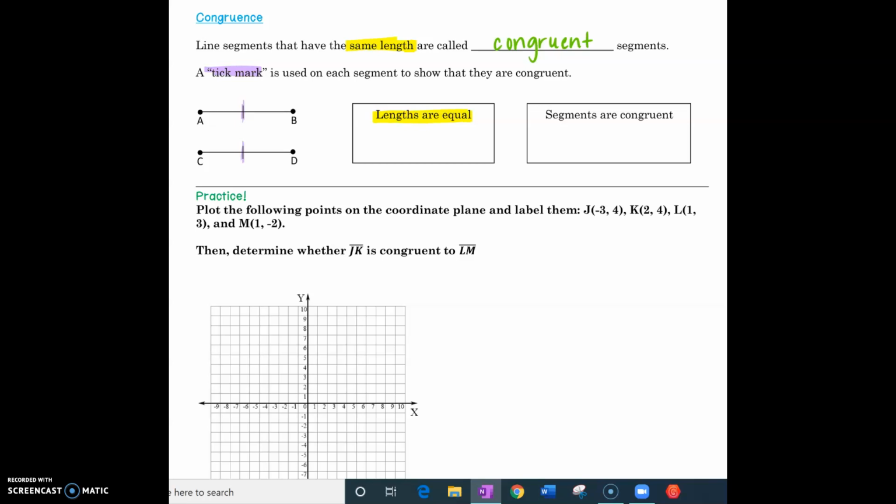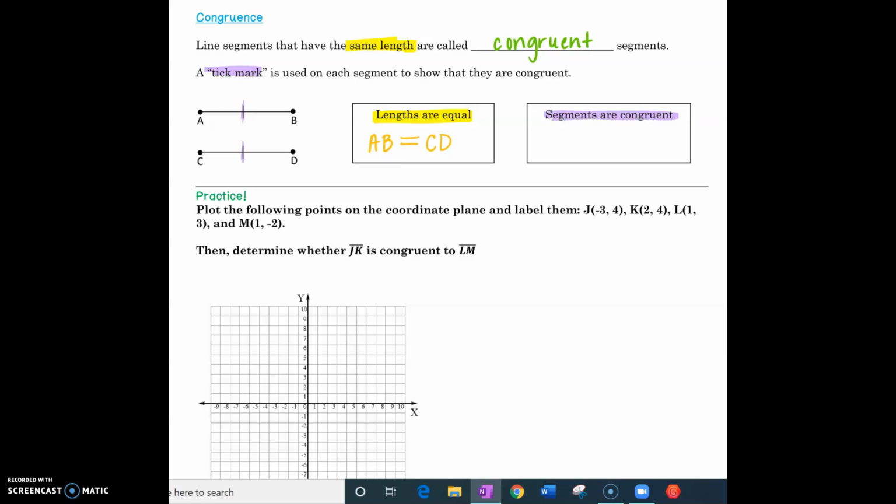So remember before I talked about notation, when we're talking about the length of a segment, we do not use the line segment notation above our letters. So length of AB is equal to the length of CD. Notice there's no line segment notation when we are talking about the length. To say that the segments are congruent, now we're talking about the segments, we're naming the line segments.